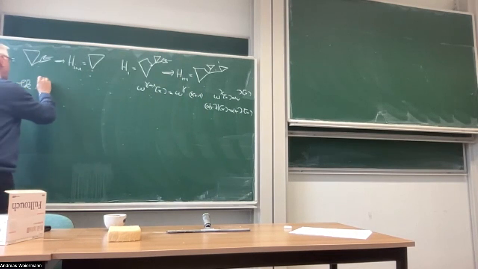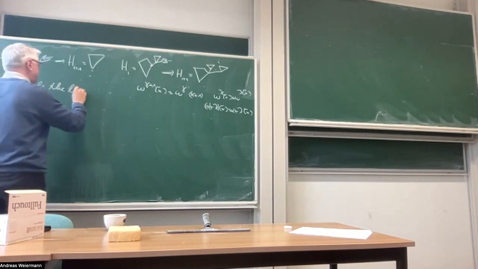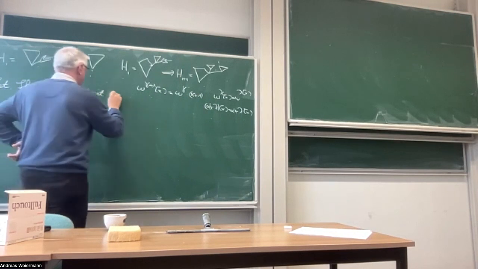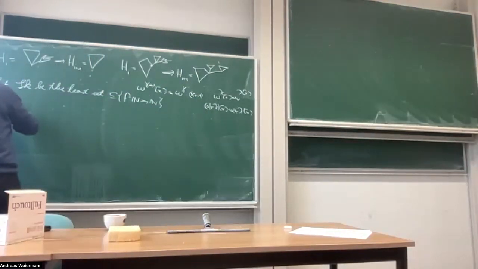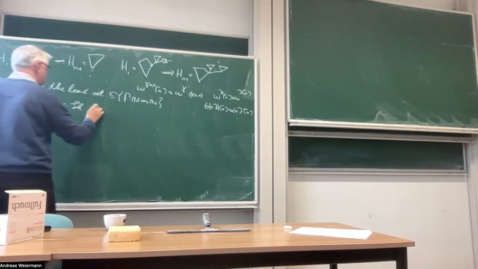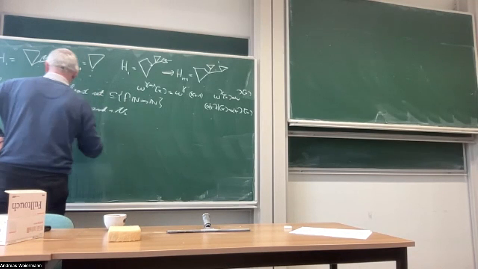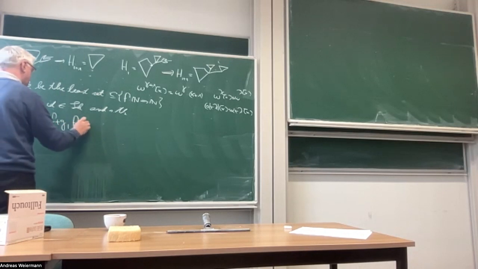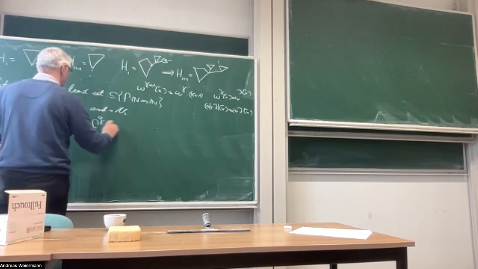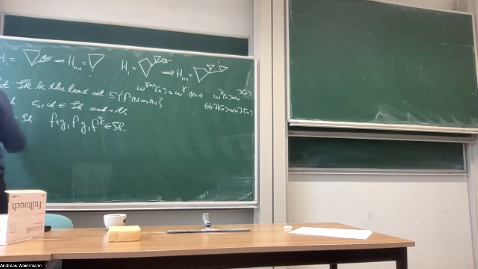Let Sk be the least set containing functions from n to n, such that the constant 0 function and the identity function are in Sk, and such that if f and g are in Sk, the pointwise addition, the pointwise multiplication, and f to the g are in Sk, and define f below g by eventual domination.